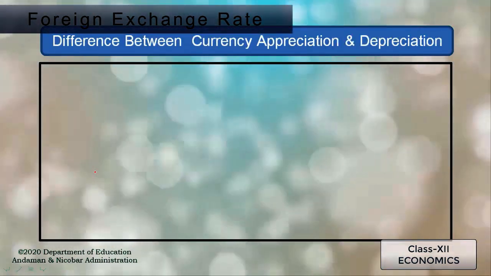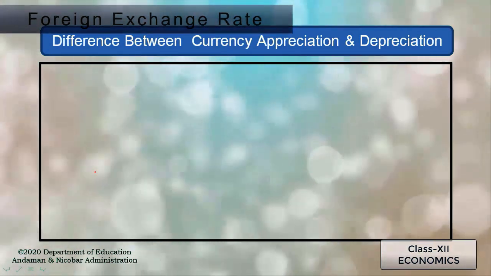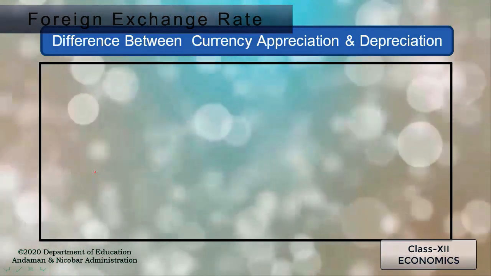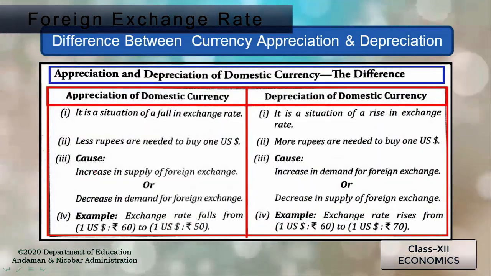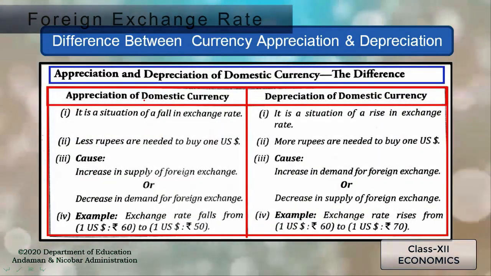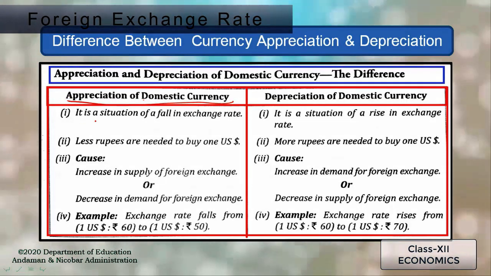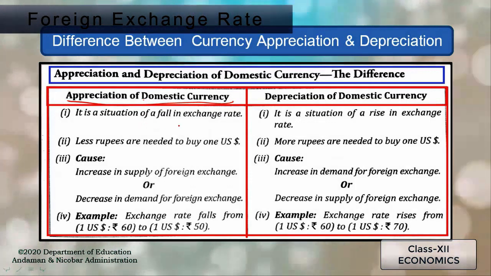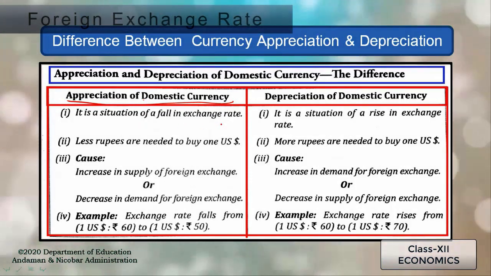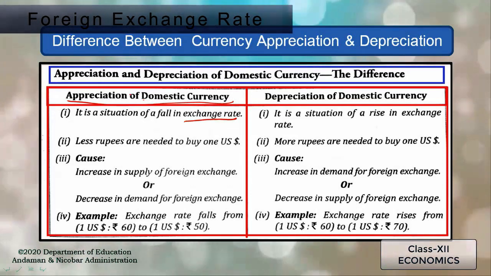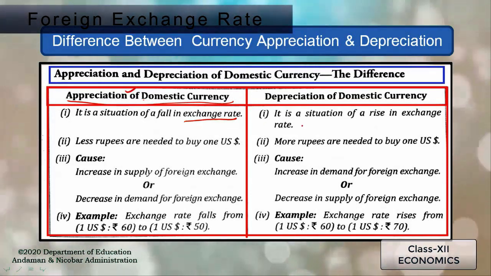Okay students, at last we will see the difference between currency appreciation and currency depreciation. The difference is given here. In the appreciation of domestic currency, there is a fall in the exchange rate. Whenever there is a fall in the exchange rate, we can see appreciation in the domestic currency.